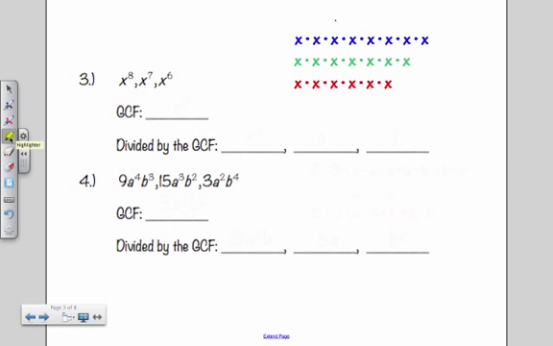So now I'm looking for what's in common, so I'm going to highlight all the x's that I have in common with all 3 of my terms. So I've got 1, 2, 3, 4, 5, and 6 x's in common, which means that my GCF would be x to the 6th power.